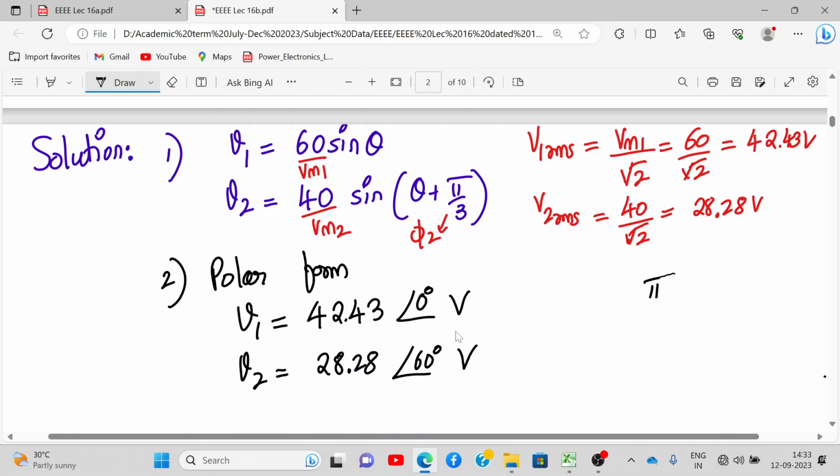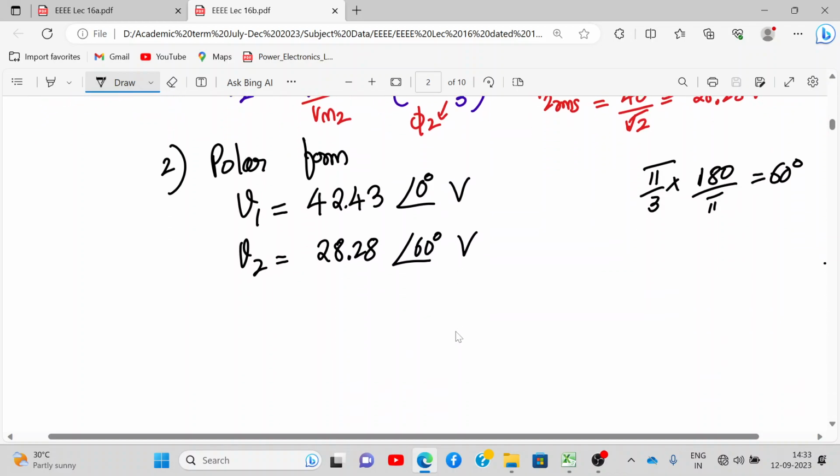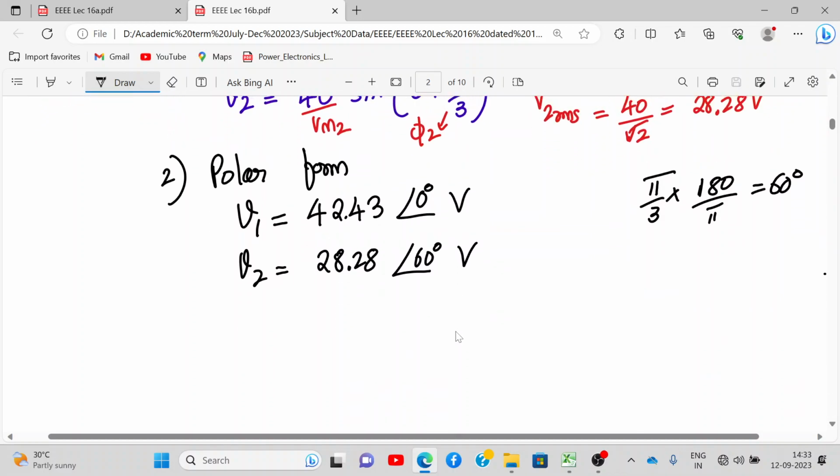If you have a problem in converting, pi by 3 multiplied by 180 by pi, that is 60 degree. Understood? Now we need to add and subtract, right? So we need to convert this polar to rectangular. So the third step is polar to rectangular.